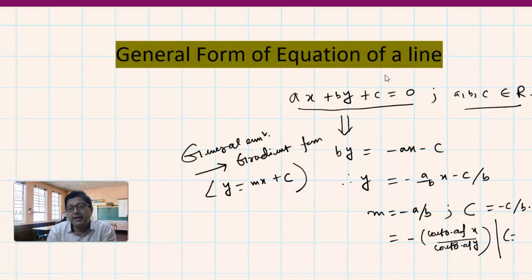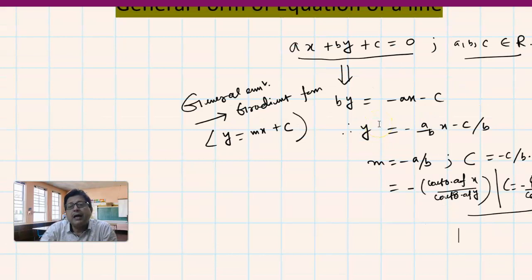Similarly, c will be negative of the absolute term divided by the coefficient of y. So this way you can find both the slope and the intercept of the line in general form.